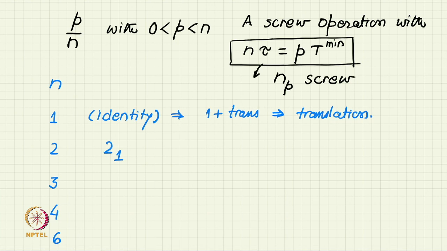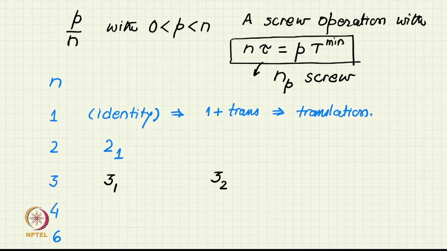For 3, the values of P can be 1 or 2. So I have two kinds of axis, 3 1 and 3 2, two operations.